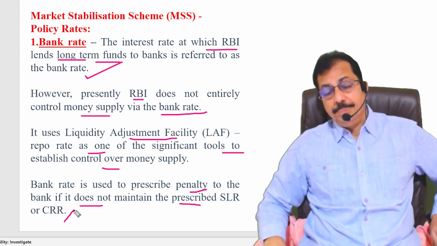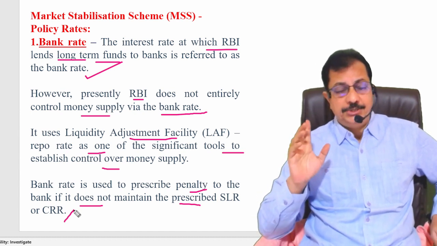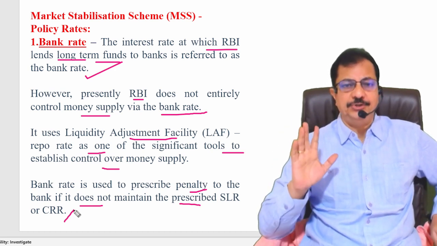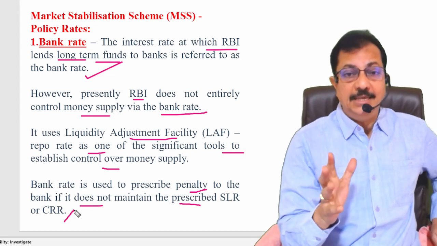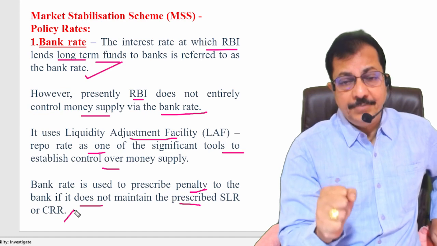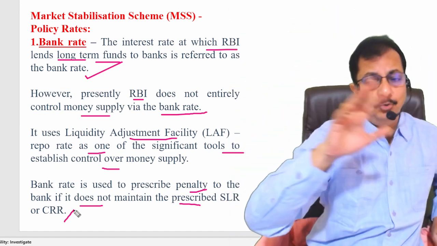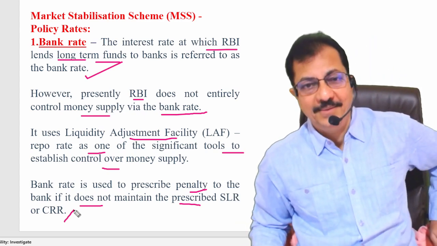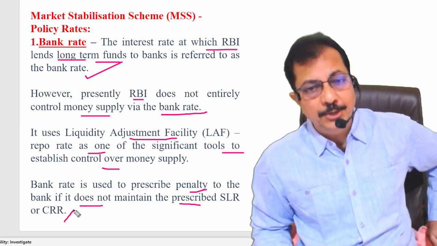If any bank fails to deposit or reserve CRR and SLR as per the decision of the RBI, whatever the gap is, that amount will be considered at the bank rate, and the penalty will be imposed. You have to pay interest to the RBI. Clear? And this is how the bank rate is being used.